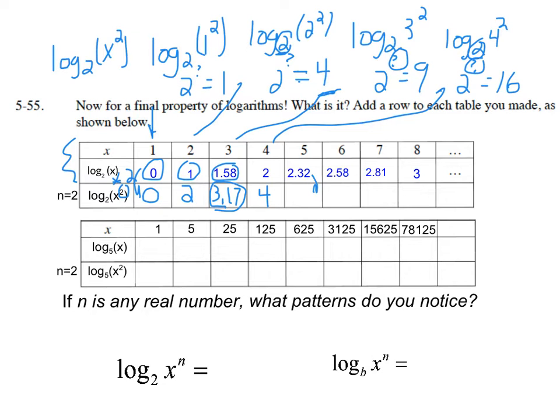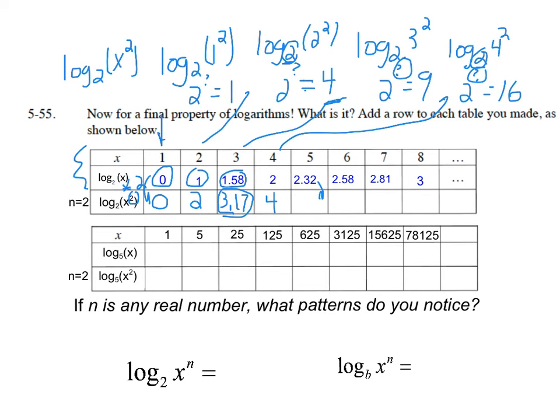Take 2.32 times 2, and I get 4.64. Take 2.58 times 2. I get 5.16. And I'm just going to jump down here. 3 times 2 is 6.